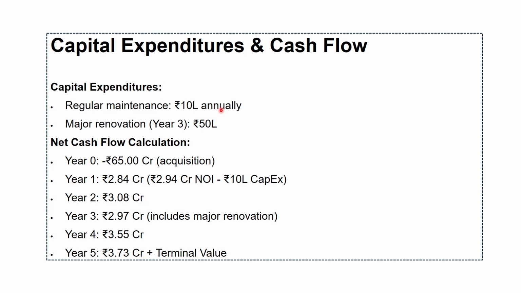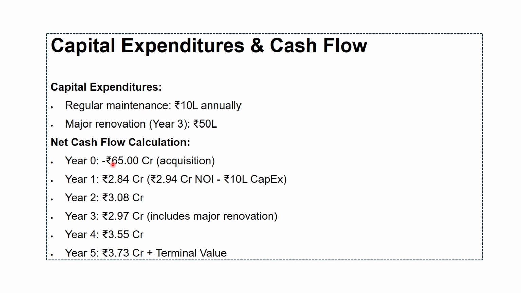Then net cash flow calculation begins with the acquisition cost of 65 crores. We start it as negative, because this is money we are putting in, not getting out; we are actually paying this money. So, that is why it is negative.